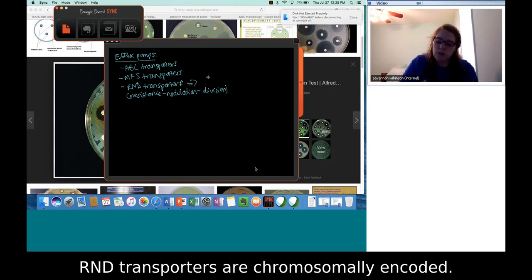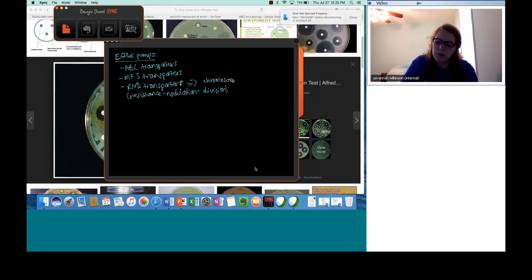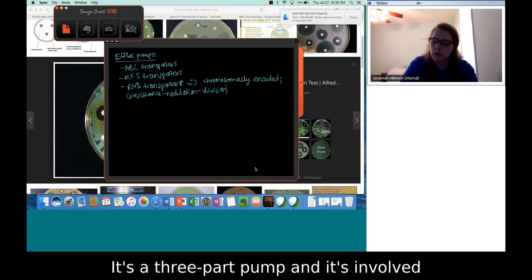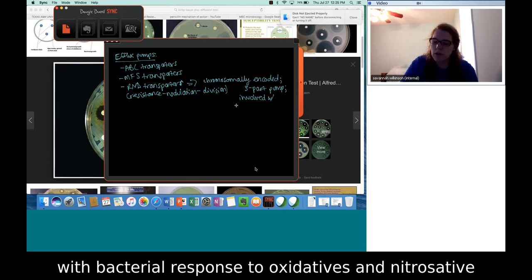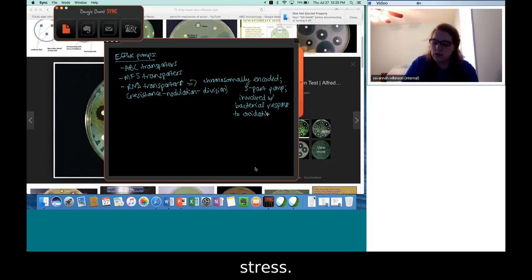RND transporters are chromosomally encoded. It's a 3-part pump, and it's involved with bacterial response to oxidative and nitrosative stress.